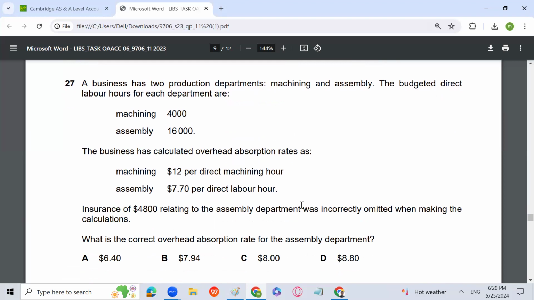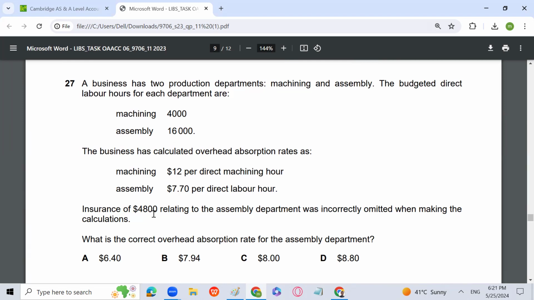So insurance is basically an overhead expenditure which was not yet added in the calculation of overheads in the assembly department. What is the correct overhead absorption rate for the assembly department? It's quite easy actually, because the overhead absorption rate for the assembly department is 7.7 per direct labor hour, and direct labor hours are 16,000.